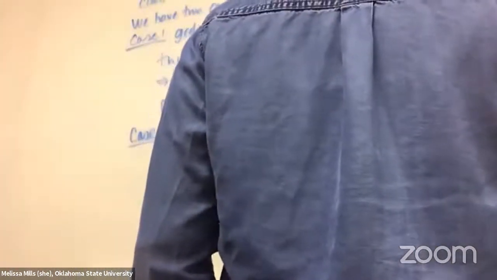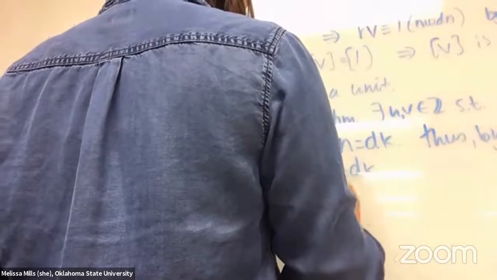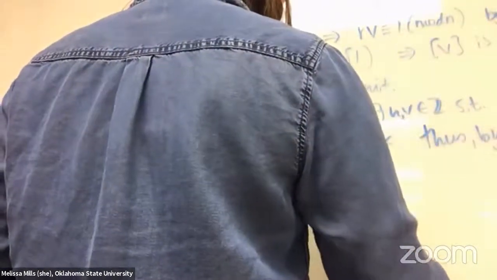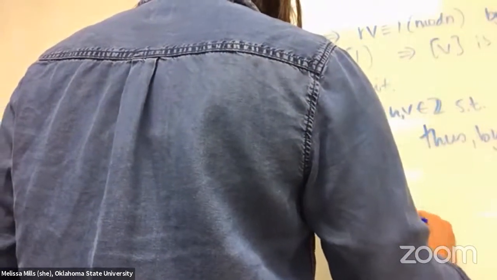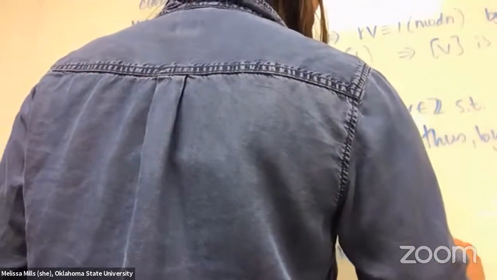DK is N. So we have NUK plus RVK equals N. Then I can subtract that over and I get RVK equals N minus NUK, and then I can factor out the N: RVK equals N times (1 minus UK).